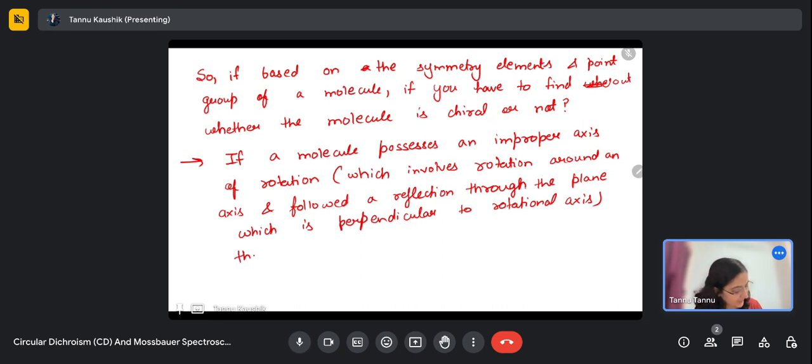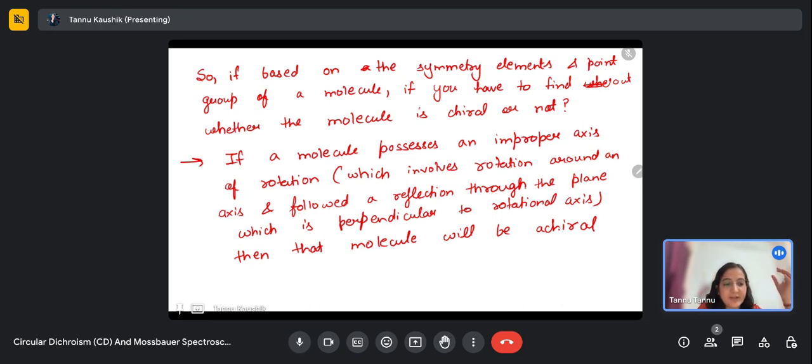If a molecule has this improper axis of rotation, then that molecule will be achiral.